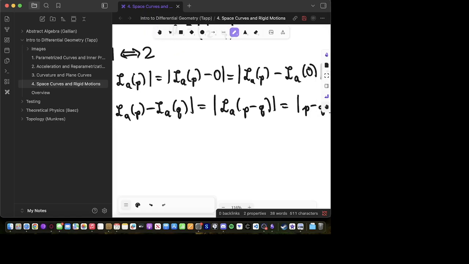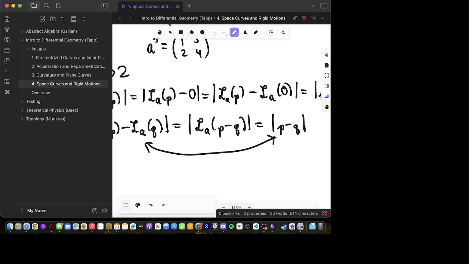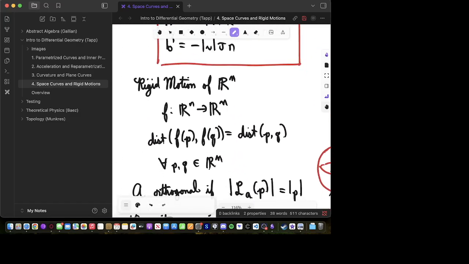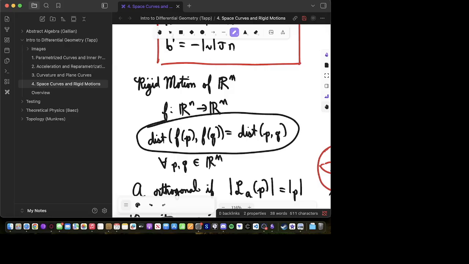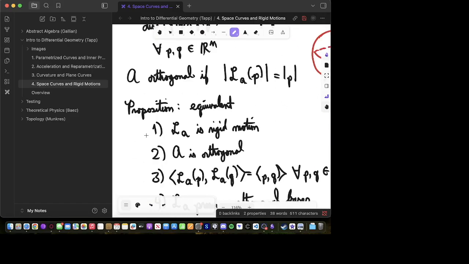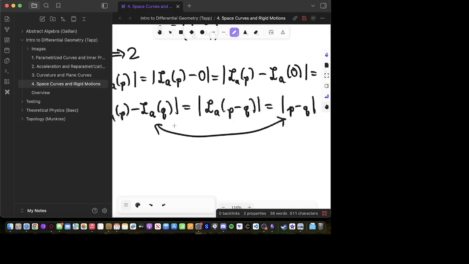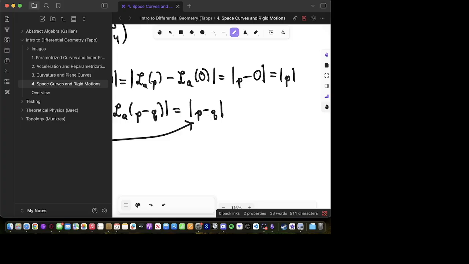So, because of this, LA is a rigid motion, because this represents the distance between LAP and LAQ, and this represents the distance between P and Q.